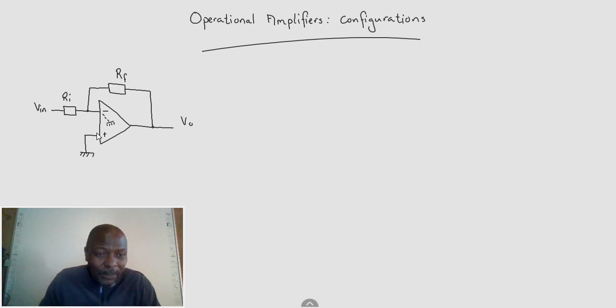What is virtual ground? It is when the other input, in this case the inverting input, is sunk to ground simply because the other input was literally grounded. So it is driven to the same state, therefore it looks like ground without being actual ground.